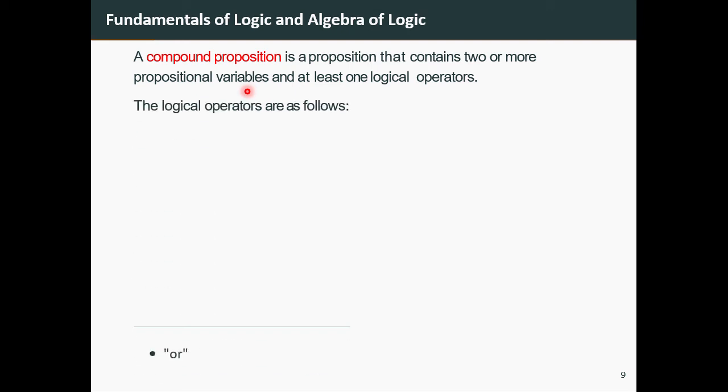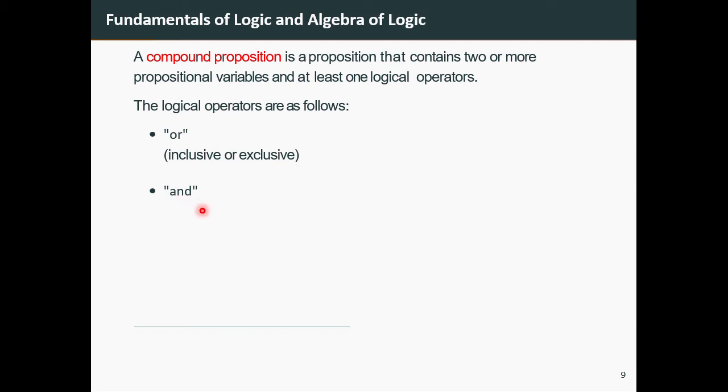We have the logical operator OR, and it has two types. We have the inclusive OR and the exclusive OR. Another logical operator that uses two or more propositional variables is AND.